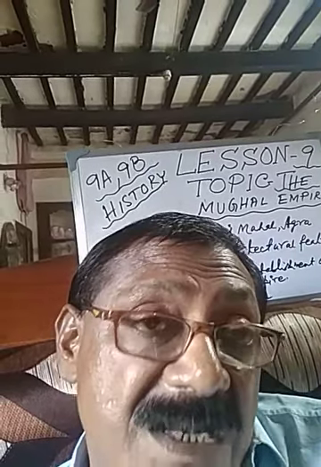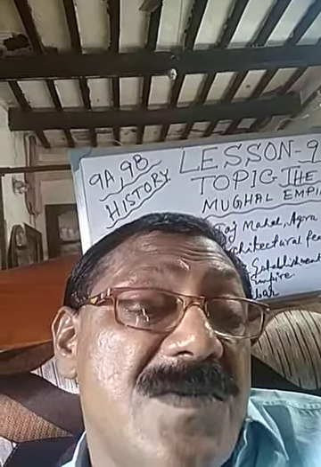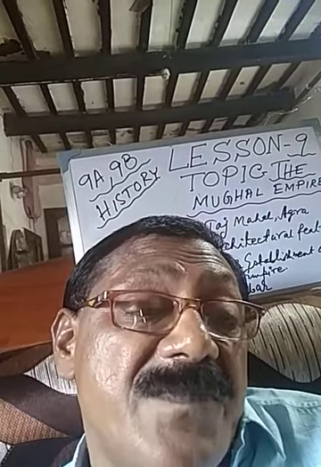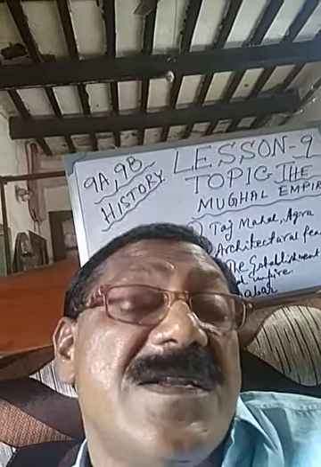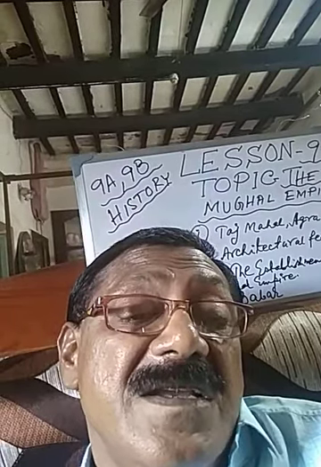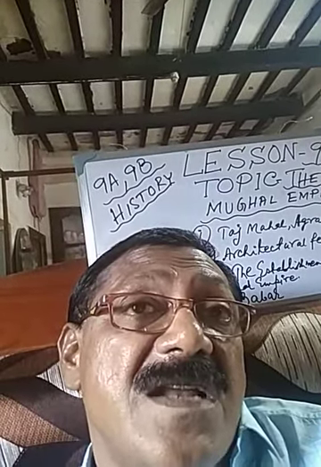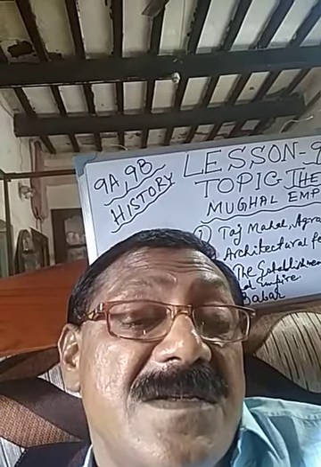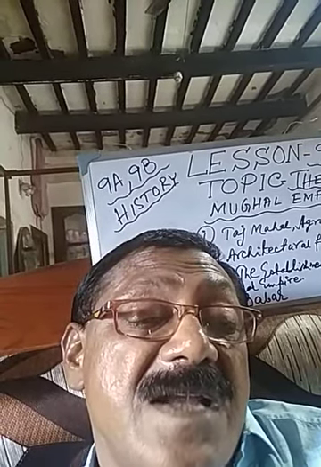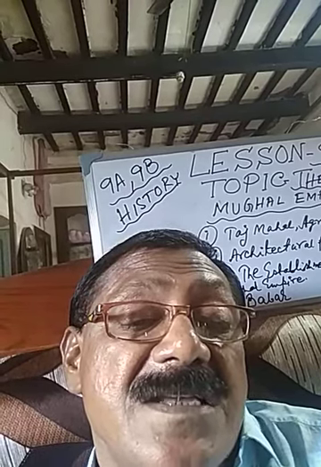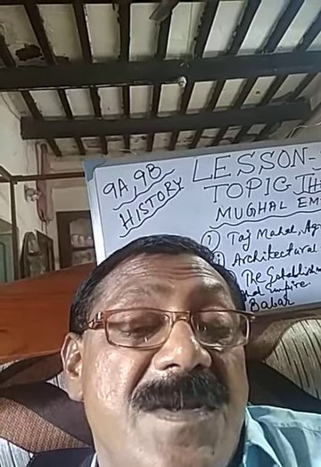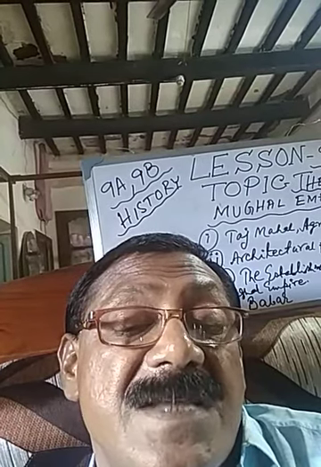He was a descendant of Taimur Lang from his father's side and had some kinship with Genghis Khan on his mother's side. Both of them, Genghis Khan and Taimur Lang, were great invaders. He referred to himself and the dynasty he established as the Timurid dynasty.